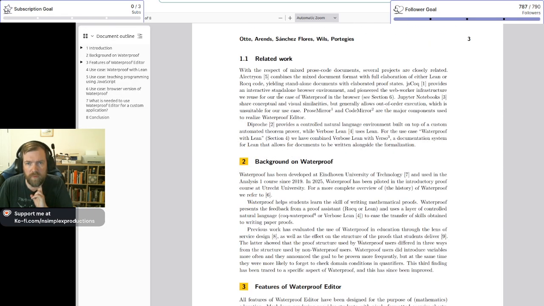Section 1.1 related work. With respect to mixed prose code documents, several projects are closely related. This is also known as pseudocode. A lot of times people will just write what they want to have happen in a particular algorithm and then not worry specifically about what language they're using.